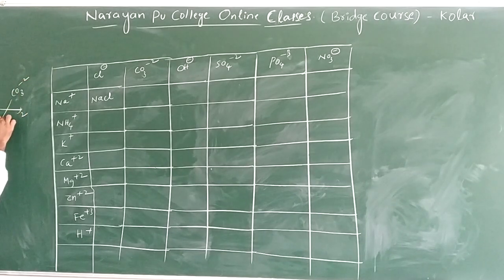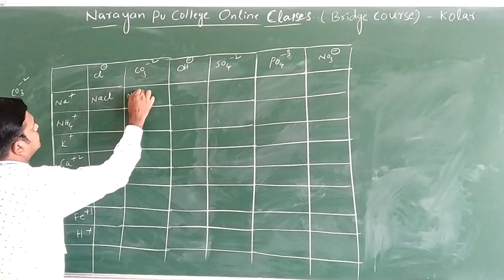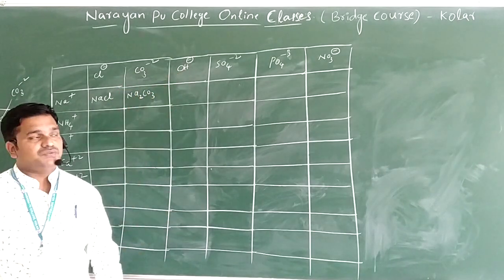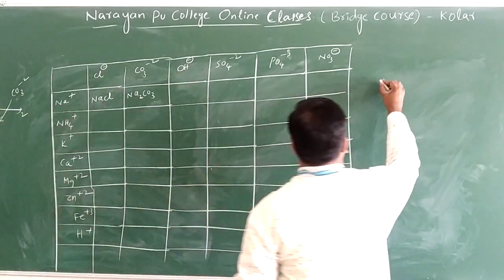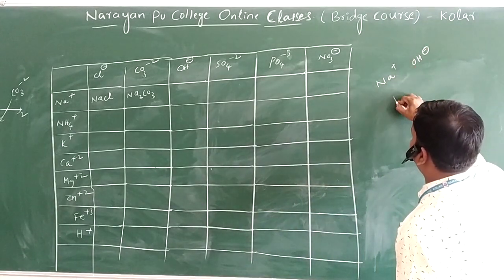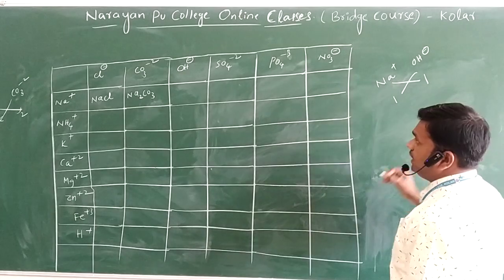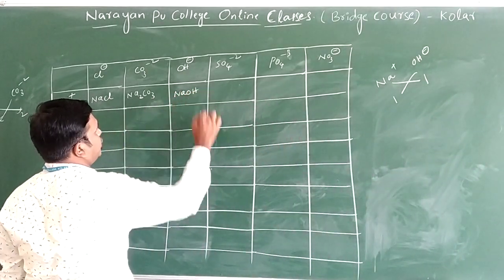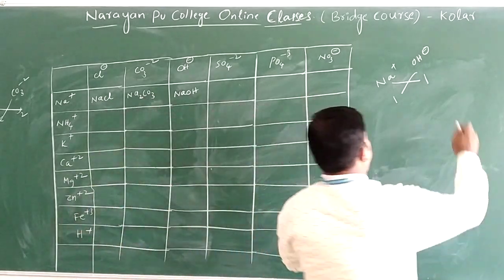Then you will get Na2CO3. And OH minus we have. Na plus and OH minus, here 1 and here 1. You will get NaOH, sodium hydroxide.